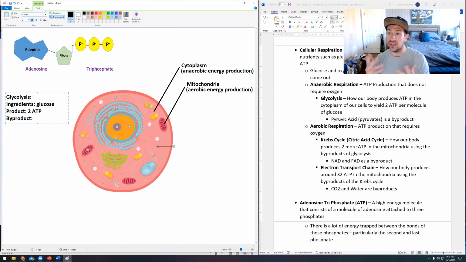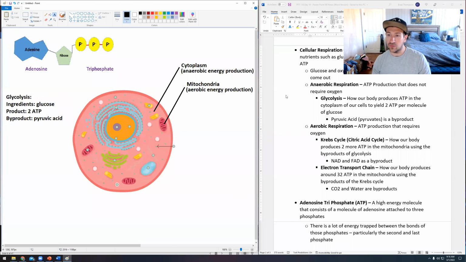It's the leftover, right? This is what's called pyruvic acid, or pyruvates. And pyruvic acid is really cool. This is actually a precursor to something that you're probably very familiar with, which is known as lactic acid. So lactic acid is what we get after we create pyruvic acid. And we'll get to that in just a second. So that's pretty cool, right?